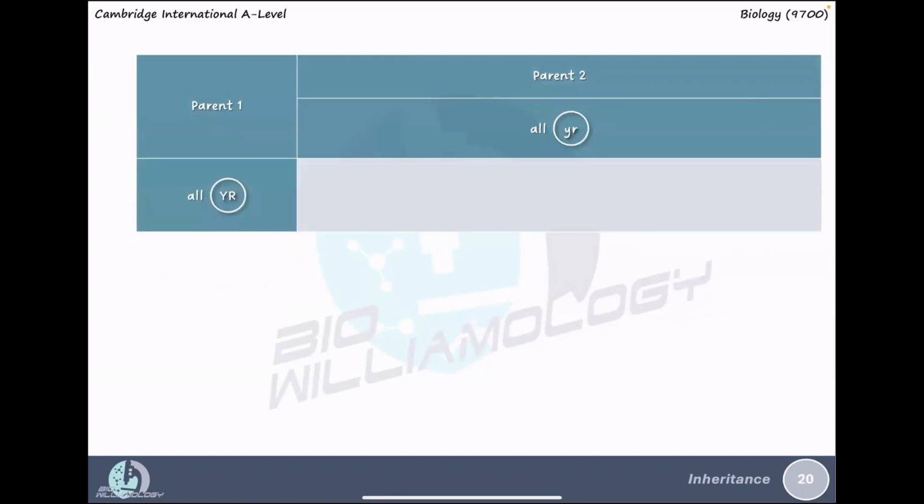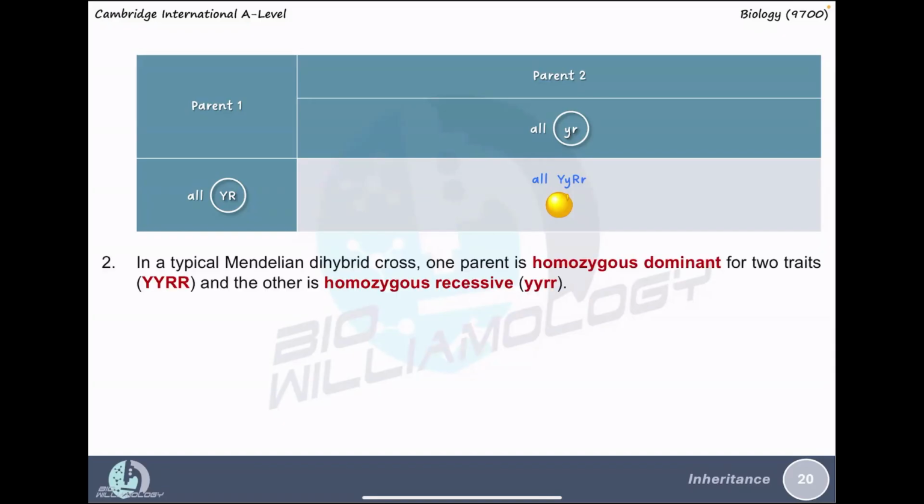Let us look at the outcome from the fertilization. All F1 must be heterozygous, and all of them show the dominant traits, which is yellow round seed. In a typical Mendelian dihybrid cross, one parent is homozygous dominant for 2 traits, and the other is homozygous recessive.